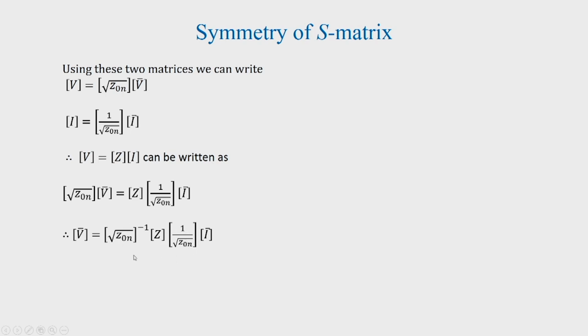So, we denote this as Z bar, and therefore, we have now V bar is equal to Z bar I bar. Please note that this matrix Z bar is symmetric, because the component matrices root Z0 n, 1 by root Z0 n, Z, they are all symmetric matrices, and Z bar is the product of these symmetric matrices.